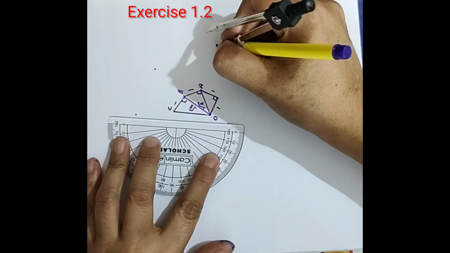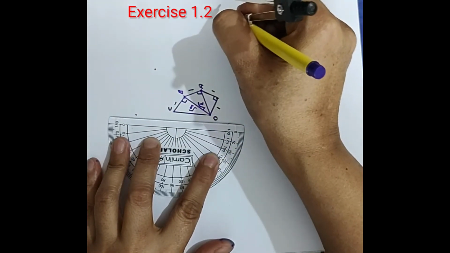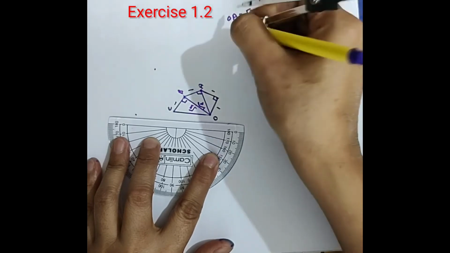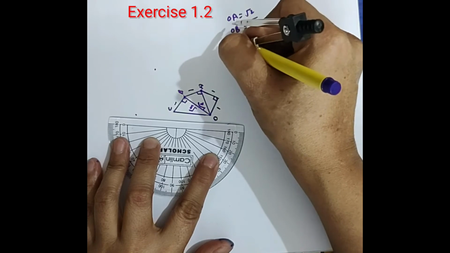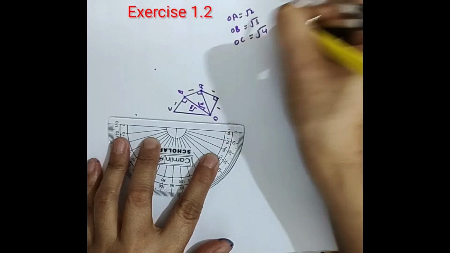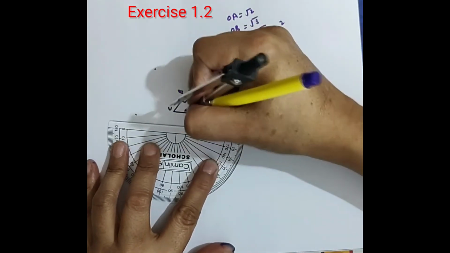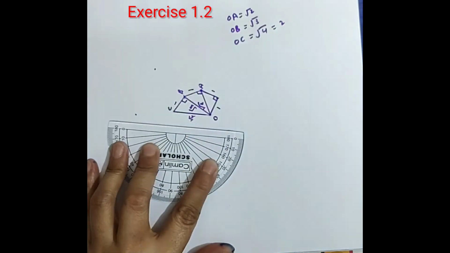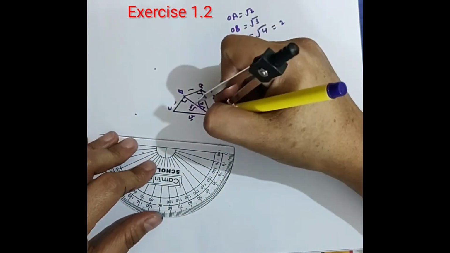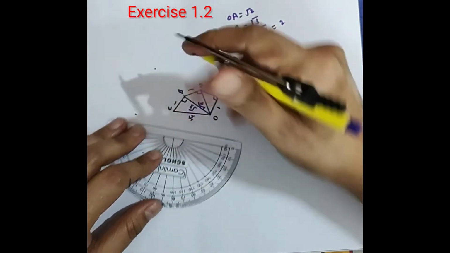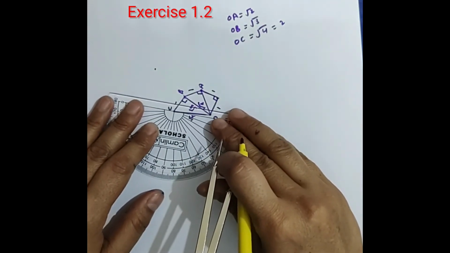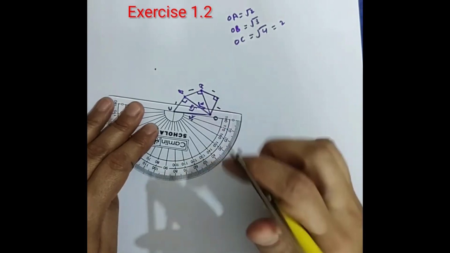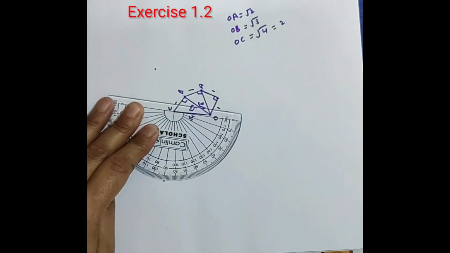Then on this line O, I'll mark points A, B, C. This OA is equal to square root of 2, OB is equal to square root of 3, OC will be equal to square root of 4, which is equal to 2. So I can write here square root of 4. Similarly, on OC I will draw a 90-degree angle.